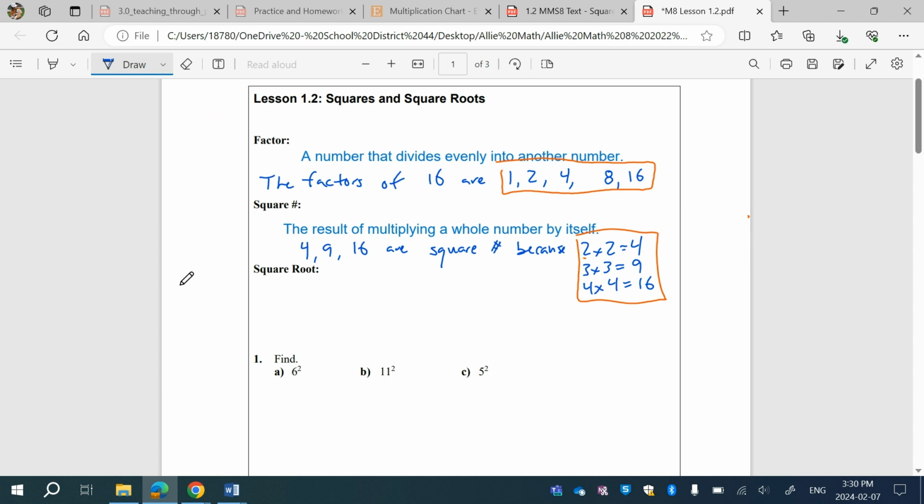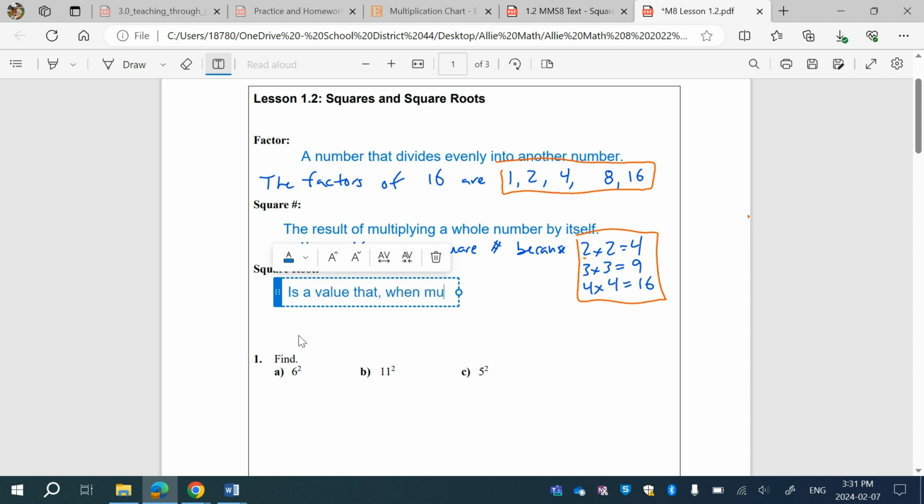So a square root is a value that, when multiplied by itself, gives the original number.